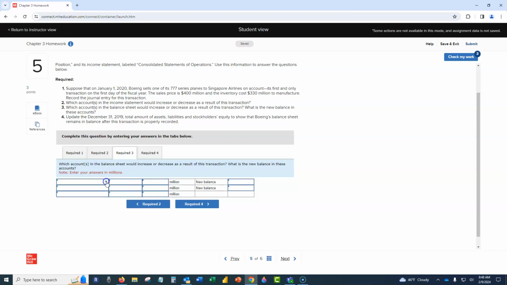The asset account we impacted was accounts receivable. It increased by $400 million. That was Singapore Airlines' promise to pay us cash in the future. The other asset that we impacted was inventories, and they will decrease by $330 million.